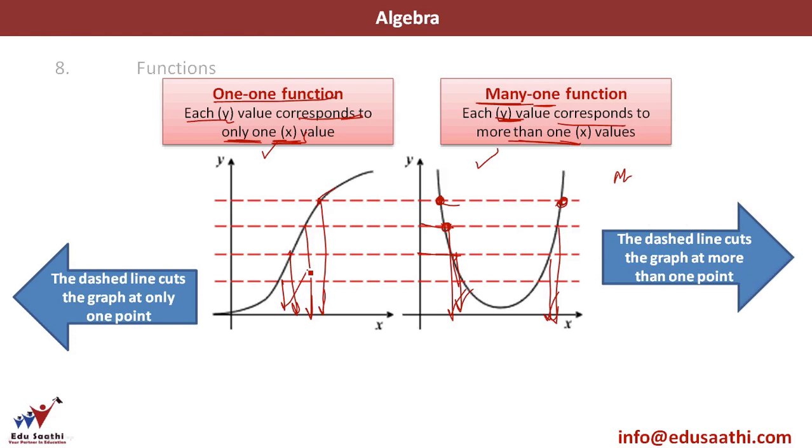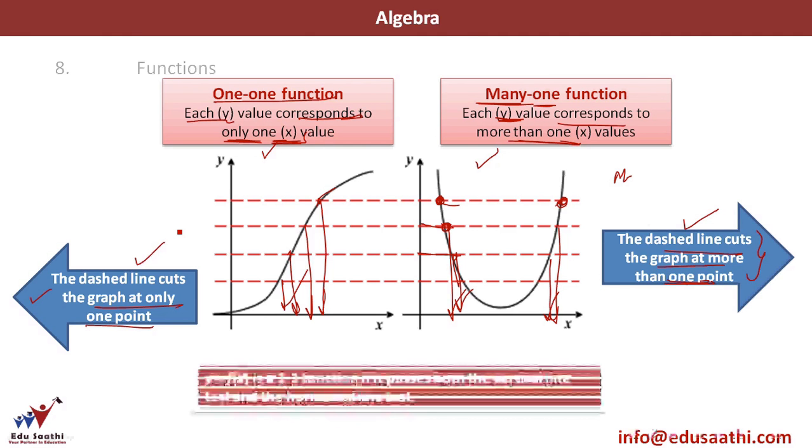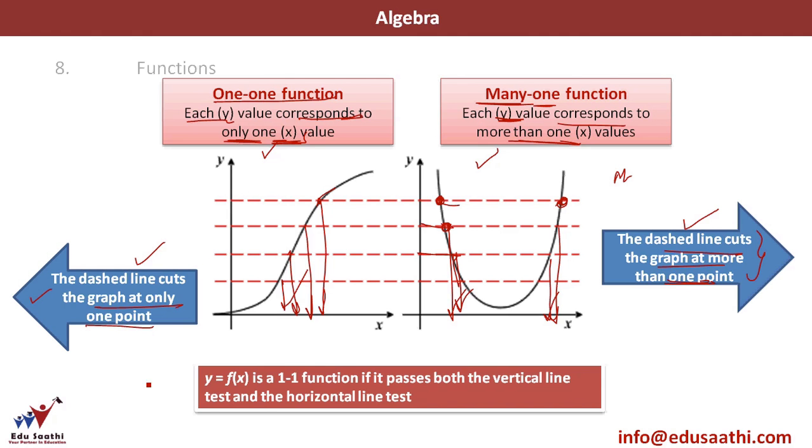If you look at it, the horizontal line cuts the graph at only one point. Here, the horizontal line cuts the graph at more than one point. So if this happens, you can know it's a many-one function. This is a property of a 1-1 function. A function is a 1-1 function if it passes both the vertical line test and the horizontal line test.